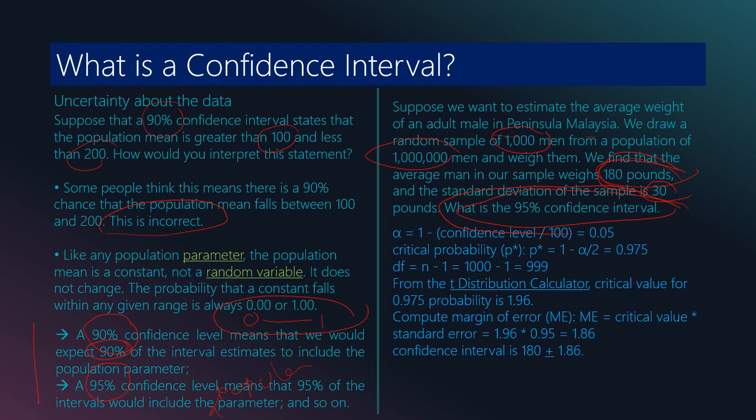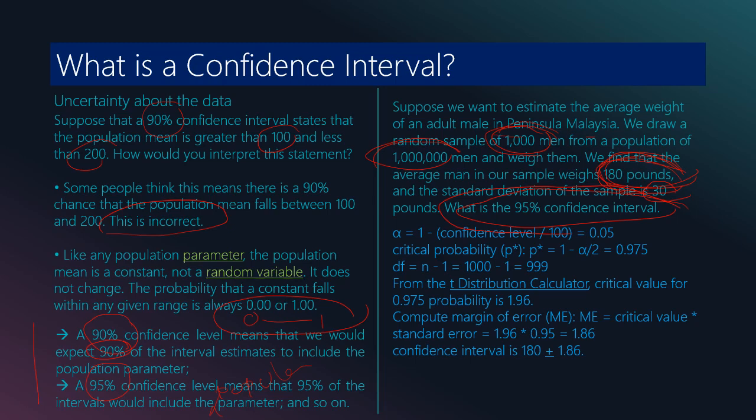But this is not certain, because we only took 1,000 men from 1 million men. So this is quite a small sample relative to 1 million. So there are uncertainties about our findings, 180 pounds. So let's say we use 95% confidence level.